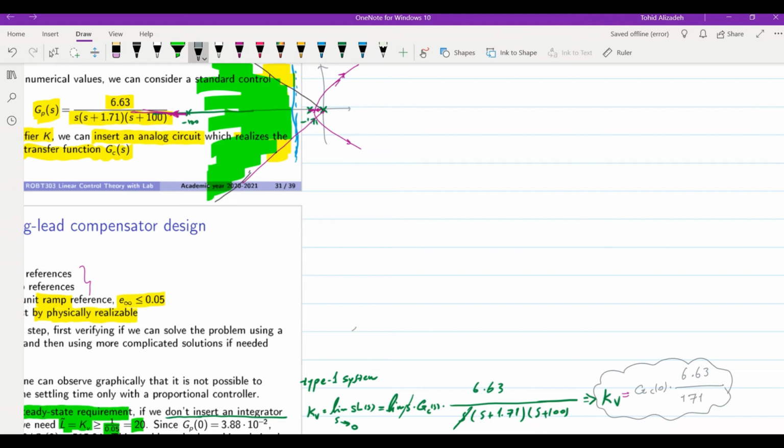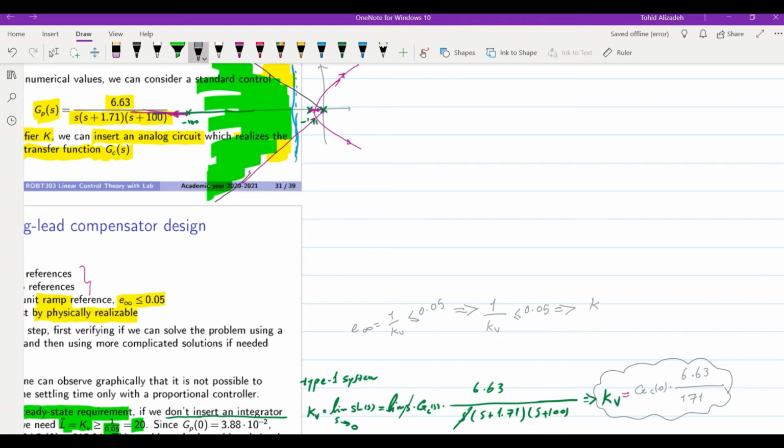And since steady state error is equal to 1 over kV, and we want to have it smaller than or equal to 0.05, so we want to have 1 over kV smaller than or equal to 0.05.